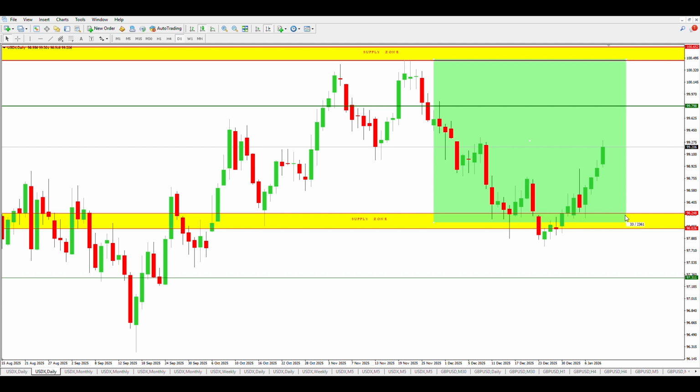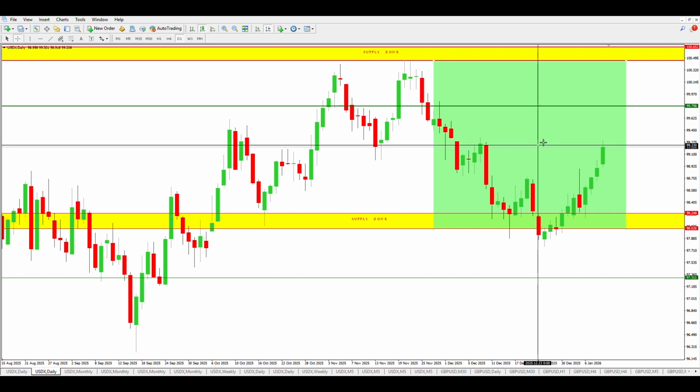From the previous supply zone into the current supply zone, we are able to see that the price is actually at the midpoint of the supply range, meaning that the sellers might make an entry right there, but the price needs to push higher into the next supply zone.